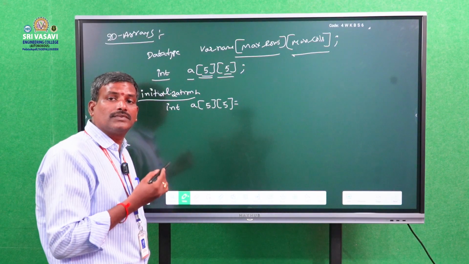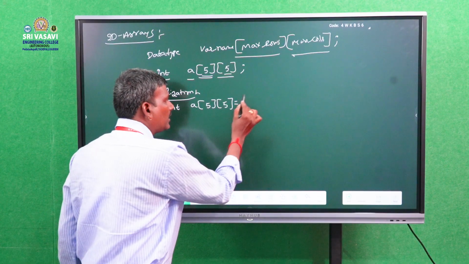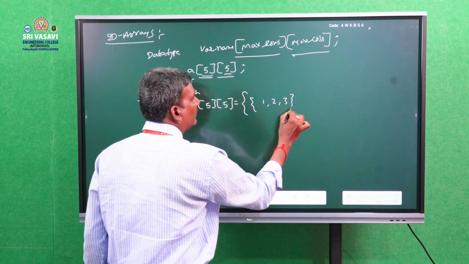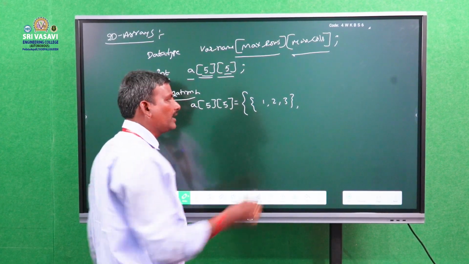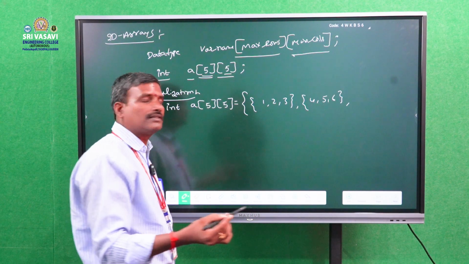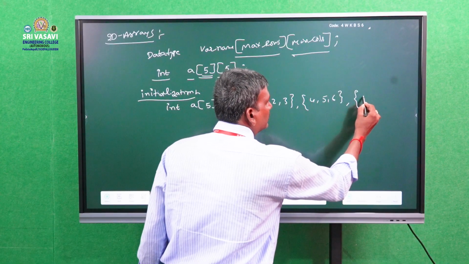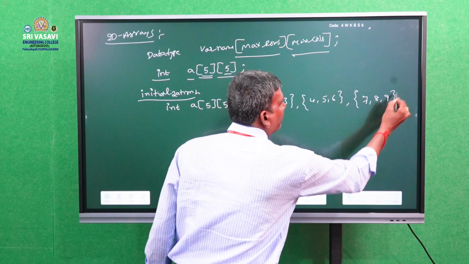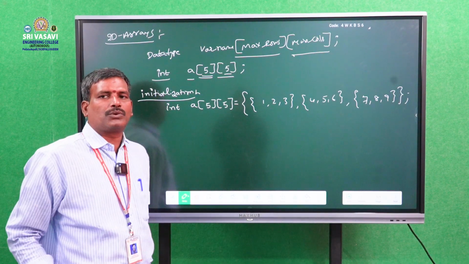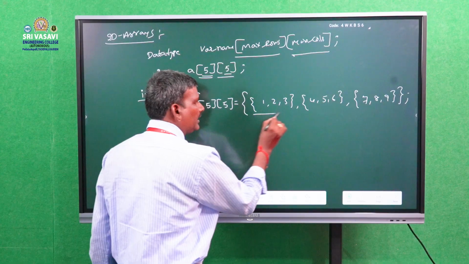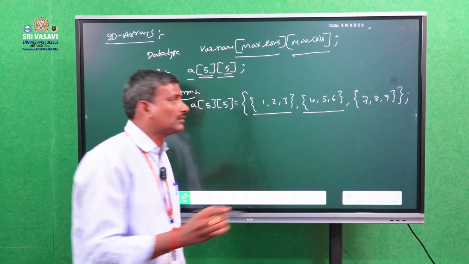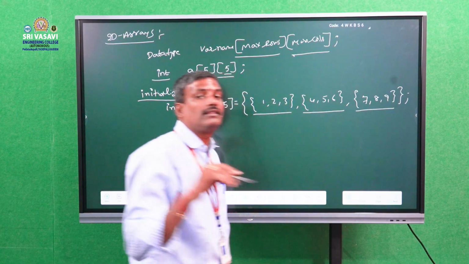I want to take a 5 by 5 matrix, and out of that I want to use only 3 by 3, like this. 1 2 3 is one set, meaning a 1D array, and then 4 5 6 is another set, and then 7 8 9. This is the initialization of a 2D array. Here 1 2 3 is the first row, 4 5 6 is the second row, 7 8 9 is the third row.